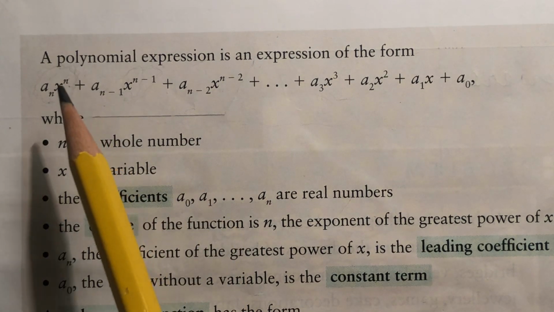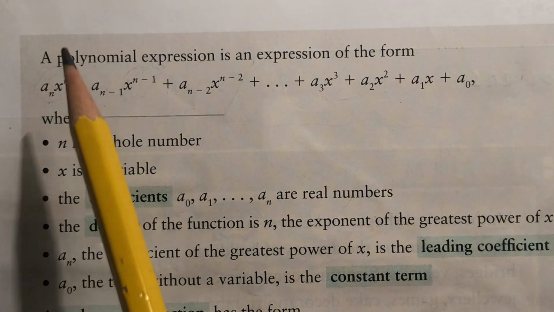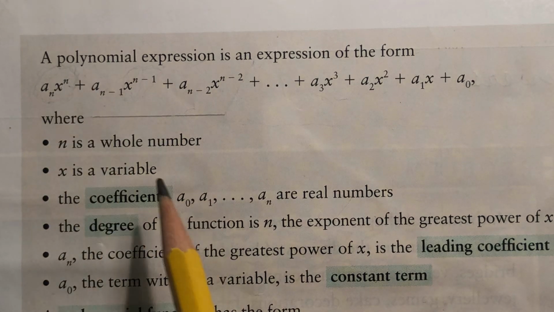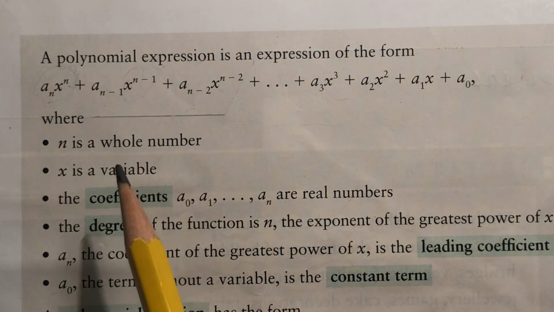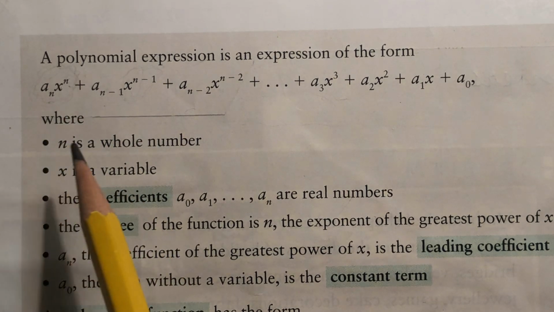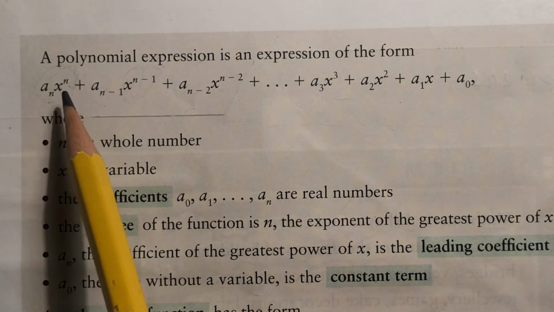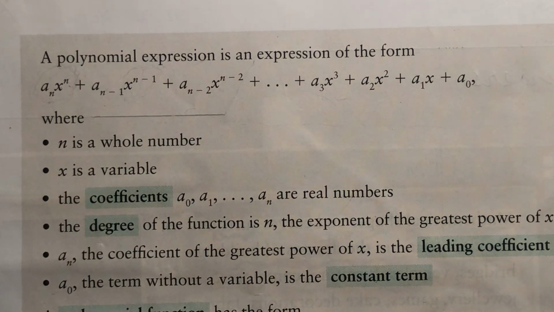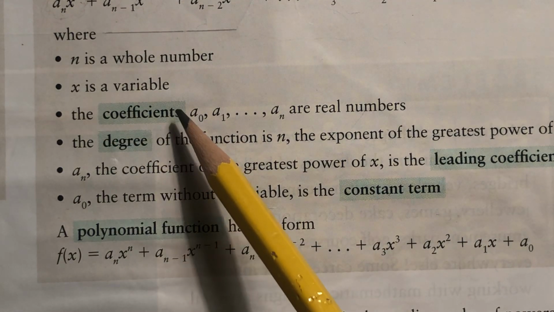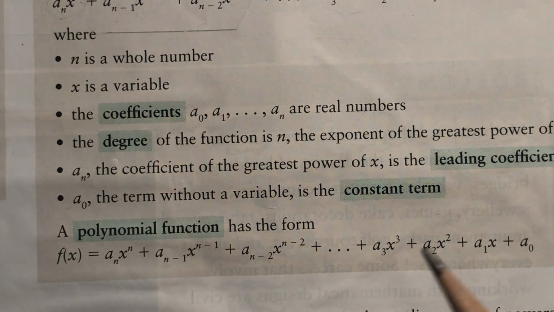So it cannot be a decimal, it cannot be negative, and also it cannot be a fraction. N cannot be a fraction, because a fraction is not a whole number. And also, I said n must be positive. So if you have negative exponent, then it is not a polynomial.